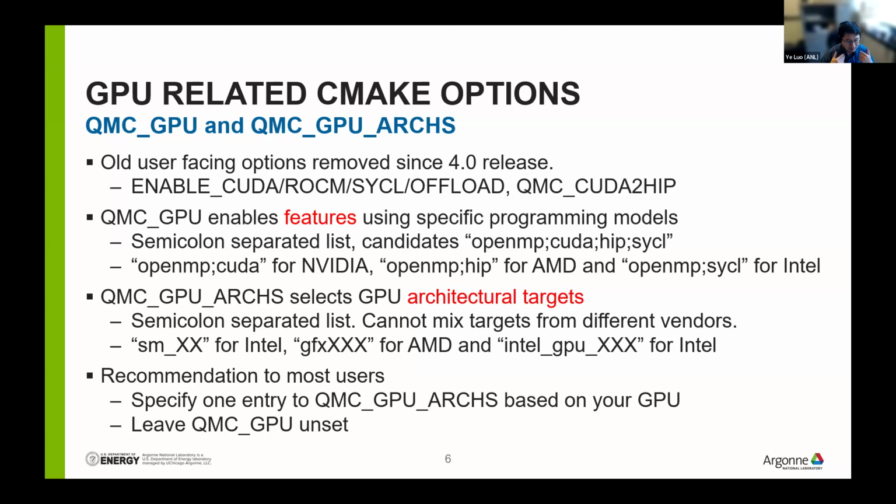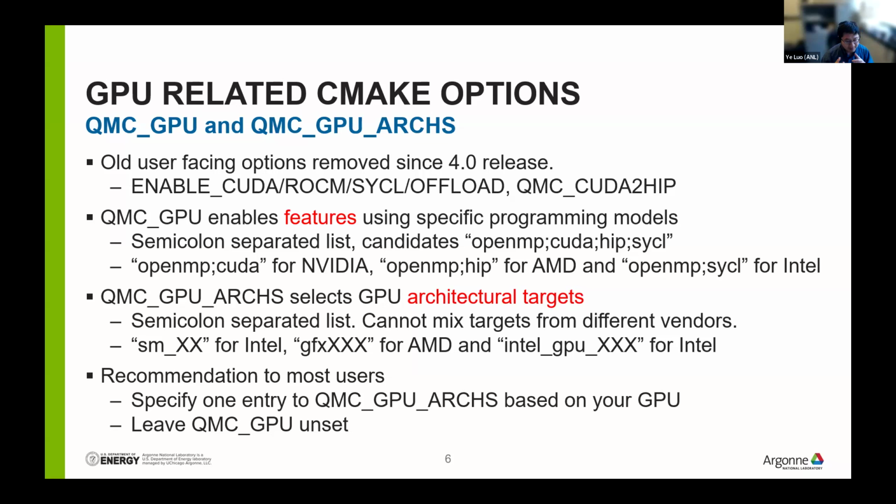One is called QMC_GPU, which enables QMC features corresponding to specific programming models. It doesn't add new QMC features, but expands the existing QMC features to use the acceleration. So that option is more for acceleration feature selection.